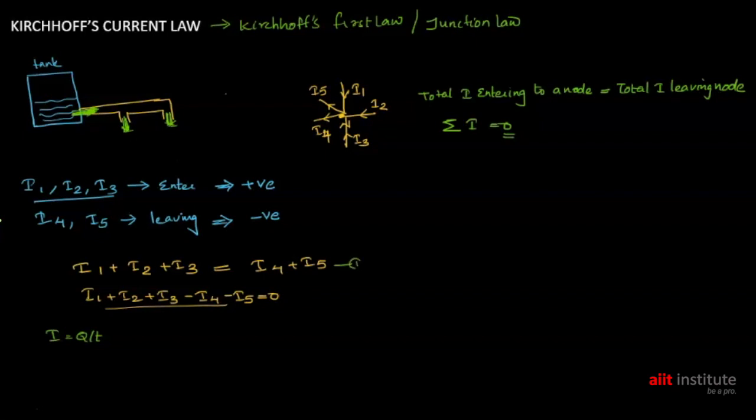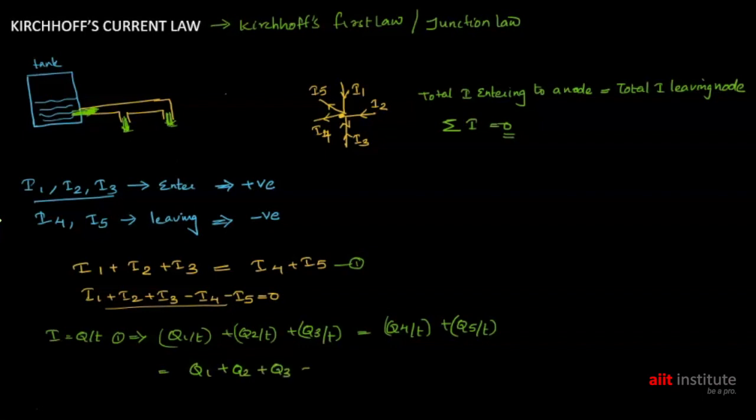So we can rewrite equation 1 as Q1 by T plus Q2 by T plus Q3 by T equals Q4 by T plus Q5 by T. We can simplify this in terms of charge as Q1 plus Q2 plus Q3 equals Q4 plus Q5, which means the charge entering the node is equal to the charge leaving the node.